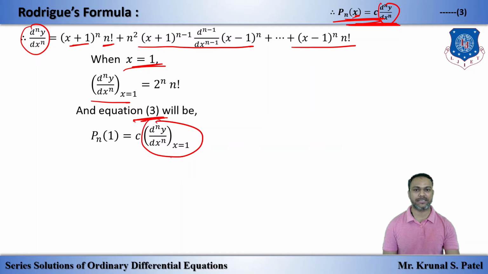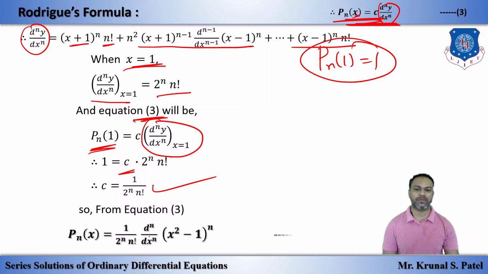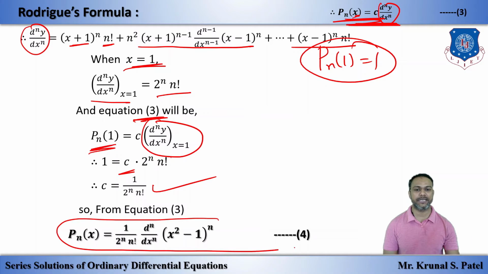So we know the value of this is this, and we know Pn of 1 is always 1 by Legendre polynomial. Okay, so we have C is equal to 1 upon 2 raised to n into n factorial, and we'll put this in equation number 3, and this gives us the Rodrigues formula, hence the proof.